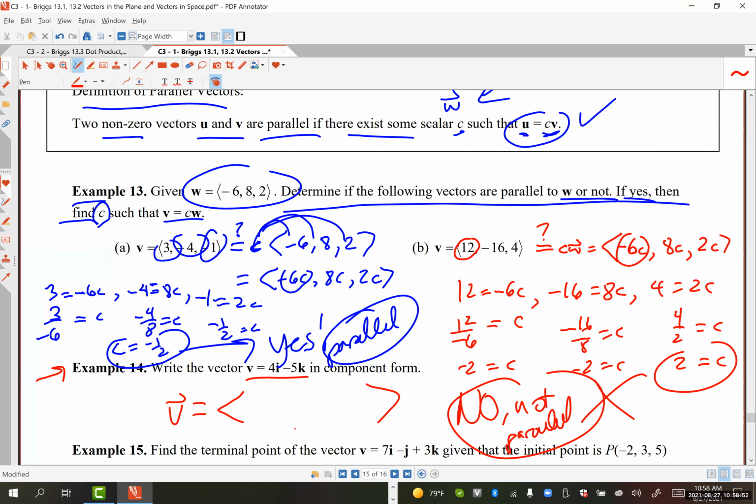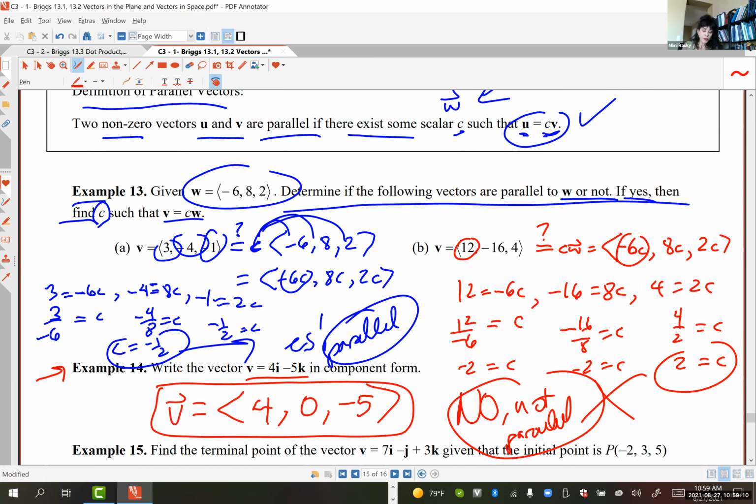Can you just do 4, negative 2? Oh, no, never mind. Is it 4, 0, negative 5? 4, comma 0, comma negative 5. And we're done.